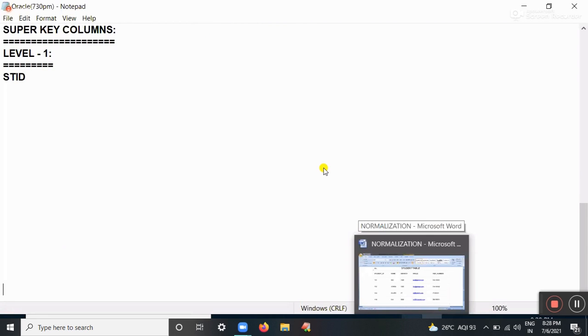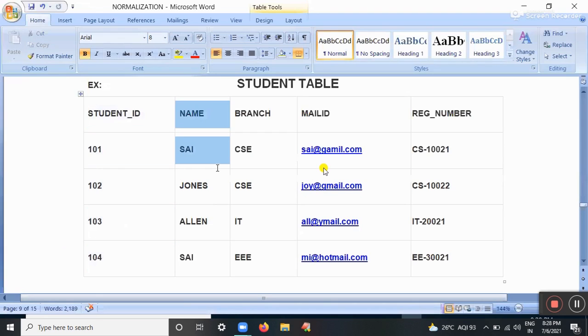Okay, right, satisfied. Next, come to the name column. Come on, guys. Can I say the name column is a super key column? No, because there is a chance that both students' names are the same.